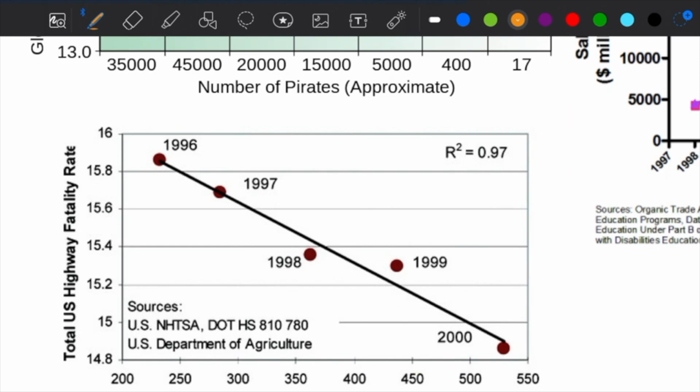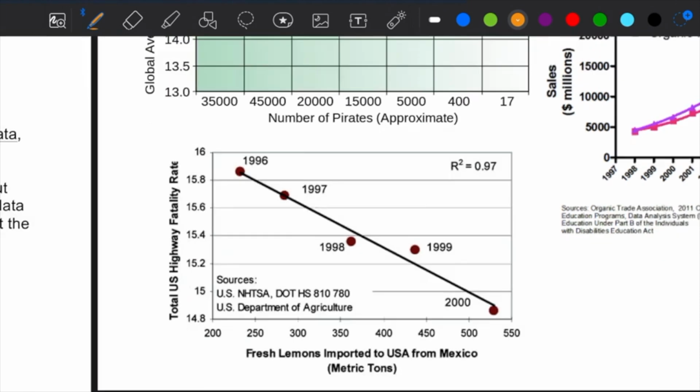So someone might look at this graph and say, well, clearly, the more lemons we get from Mexico, the less fatalities we have on the highway. So we just need to keep importing more and more lemons and we'll be fine. That's kind of a silly thought, just because they would have nothing to do with each other at all, even though we do see those both changing in similar ways over time, one going up and one going down.